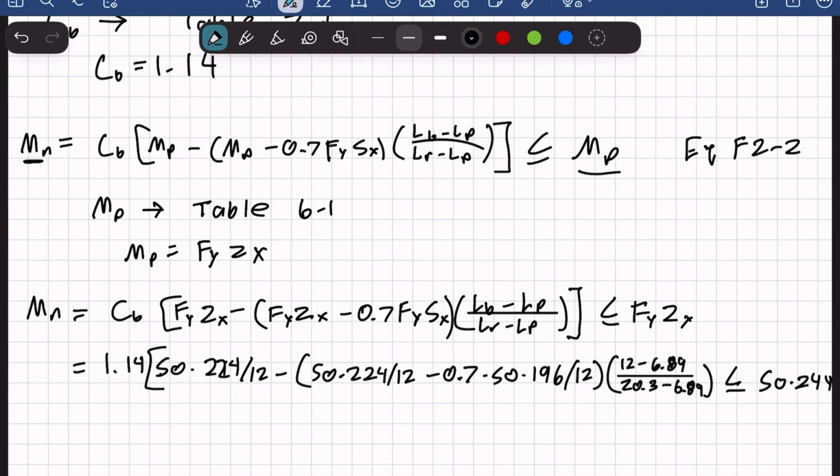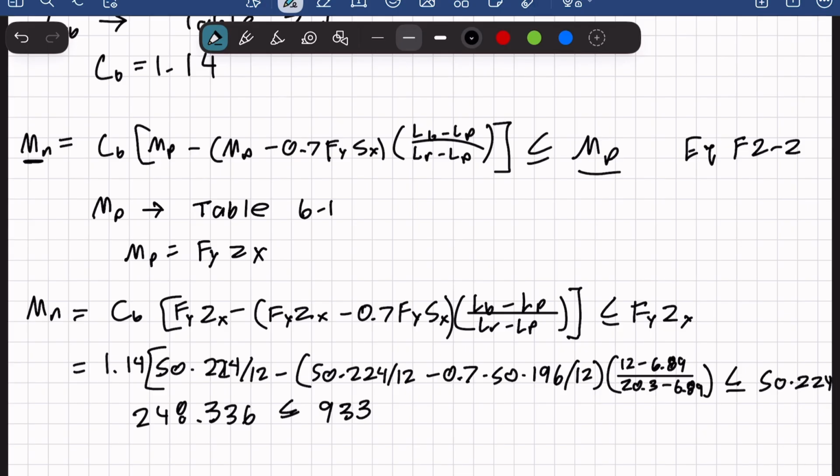And I would hate that to be the reason you lose points on a test or anything like that. So I get 248.336. It has to be less than or equal to 50 times 224. Oh, this is supposed to be 224. 224 divided by 12 is 933.